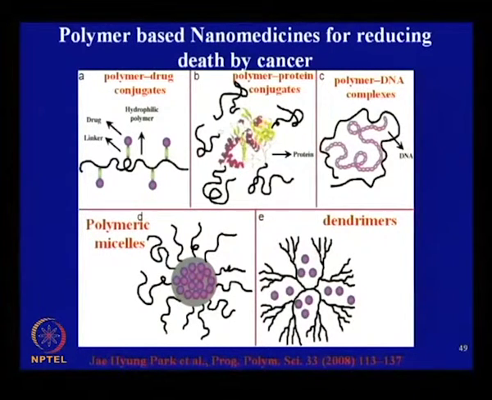Actually, this shows some polymer drug conjugates. So, this is the polymer molecule, which is a hydrophilic polymer. These are the drug molecules. So, drug molecules are conjugated to the polymer, attached or linked to the polymer through some linker. For that, the drug must have some functional site and the polymer must have some functional site, exploiting the functional site present in the drug as well as in the polymer.